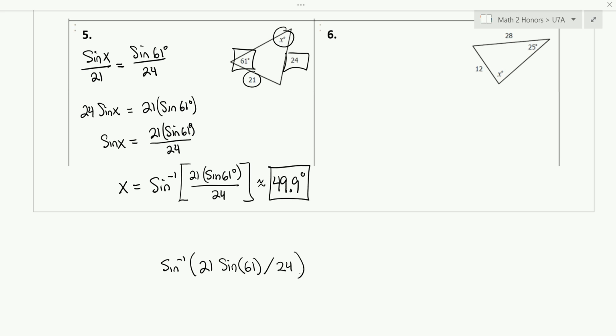If you successfully got 49.9, go try number 6. If you didn't get it, stay on it until you get it and ask for help. Ask me for help. Okay.